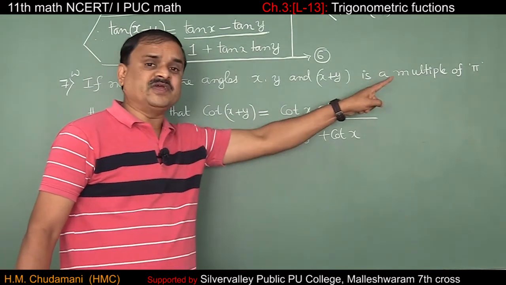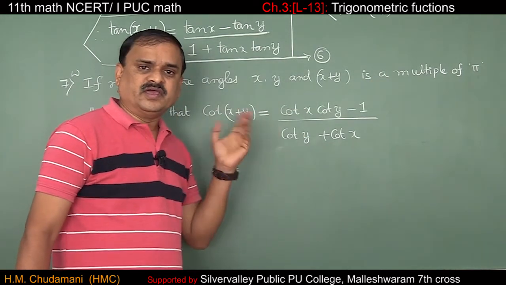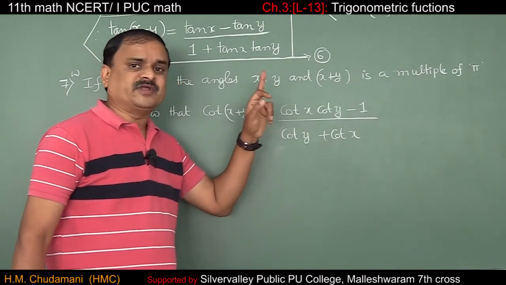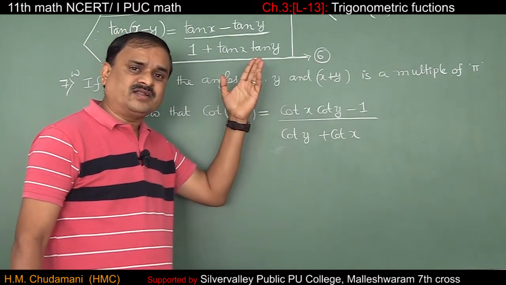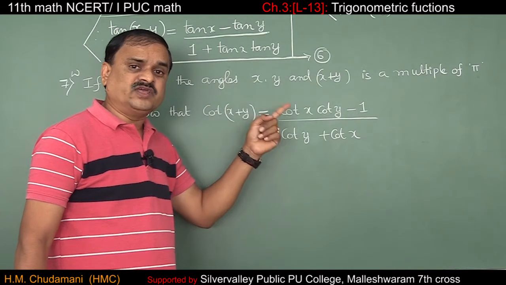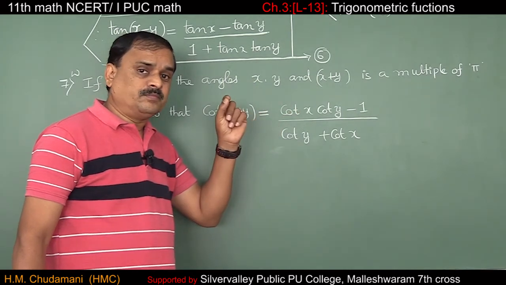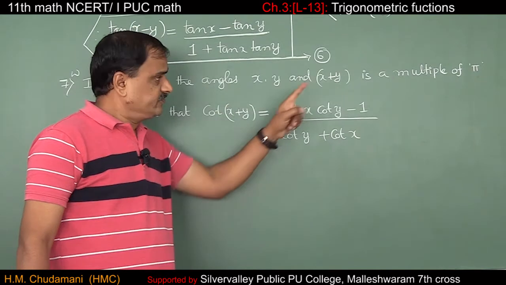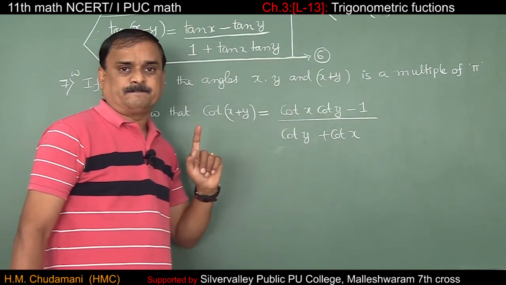What is sin pi? Sin pi is 0. Anything by 0 is not defined. That's why it is multiple of pi. Whereas for tan of x plus y, x, y and x plus y are multiples of pi by 2, so then it is not defined. So here, multiple of pi. Okay?